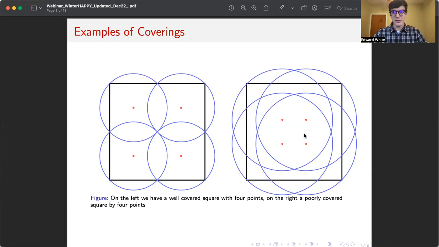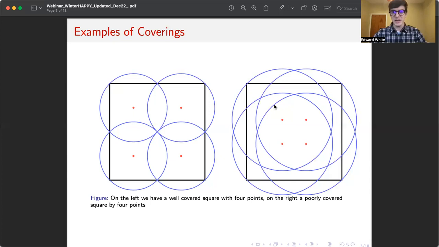Now, over here on the right, I've taken the four centers of these optimal disks and pushed them closer to the center of the square. That makes the centers of those disks farther away from the corners of the square, which necessarily means that I have to increase the radius of those covering disks to ensure that I'm still covering the entire square.